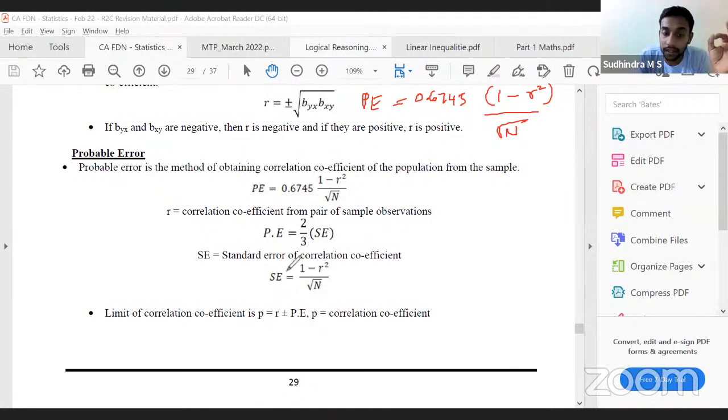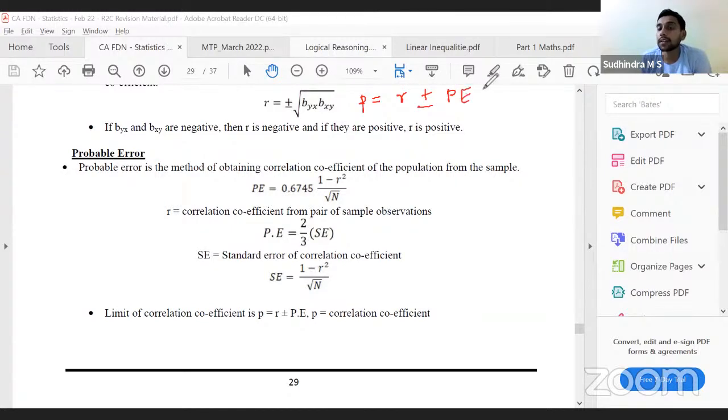Alternatively, you calculate the standard error. Standard error is 1 minus r square divided by root n, and into 2 by 3 you will get the probable error. Once you have the probable error, the correlation coefficient of the population is equal to the correlation coefficient of the sample plus or minus the probable error. So let's say we have the correlation coefficient of the sample, r, as 0.67, and the probable error we have got is 0.05.